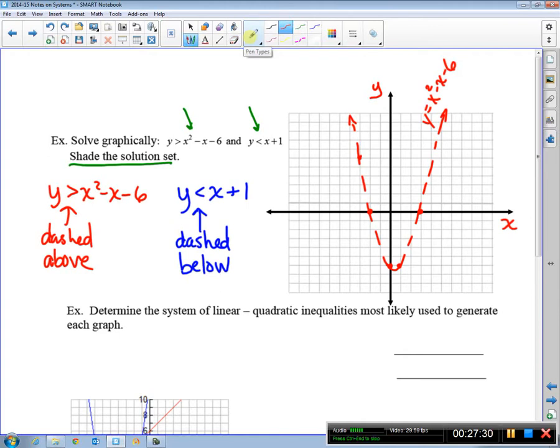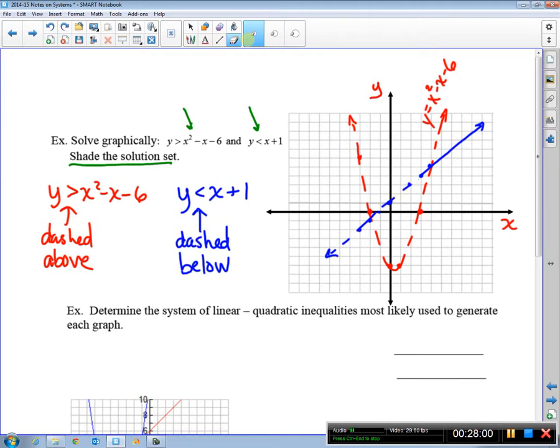Good. And the line, put that in as well. I see an intercept of 1 and a slope of 1. And this should be dashed as well. So I will dash this as well.